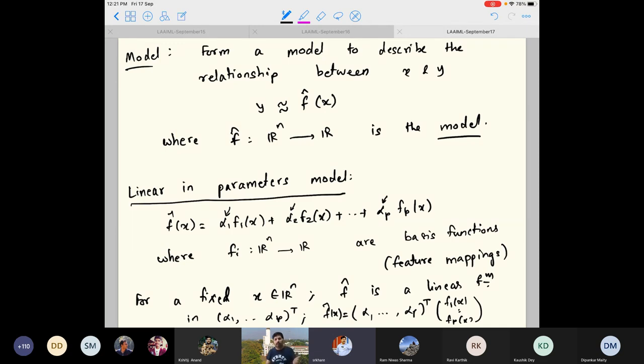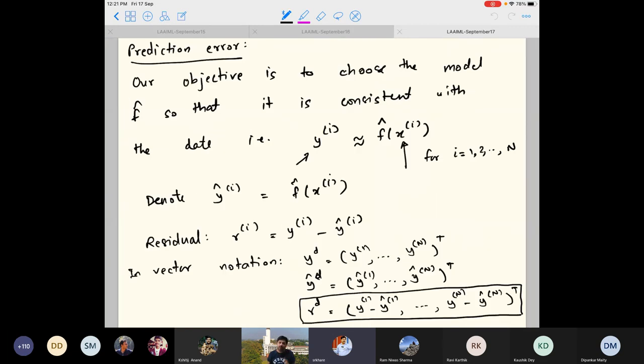Then I know what f hat is, right? Finding that model f hat is what I started with. So I assumed a particular form of the model f hat, which is alpha 1 f1 plus alpha 2 f2 plus alpha p fp. Then, once I had this particular form, I defined the residual.